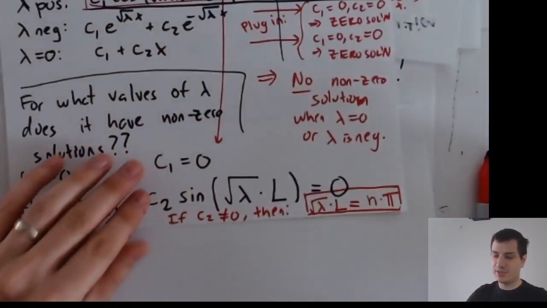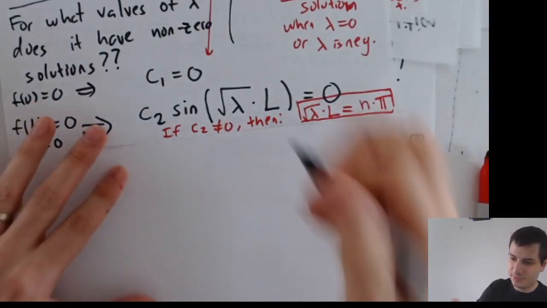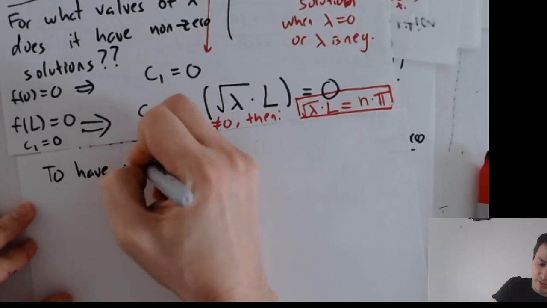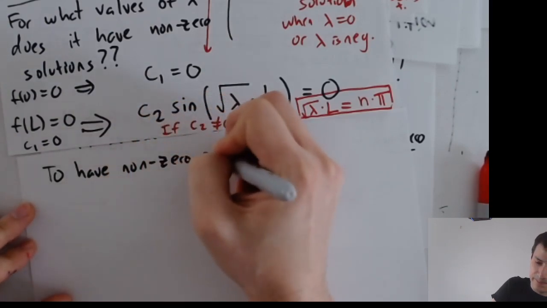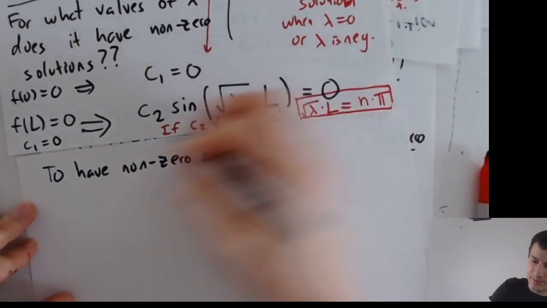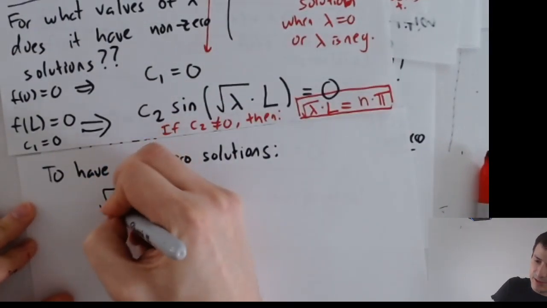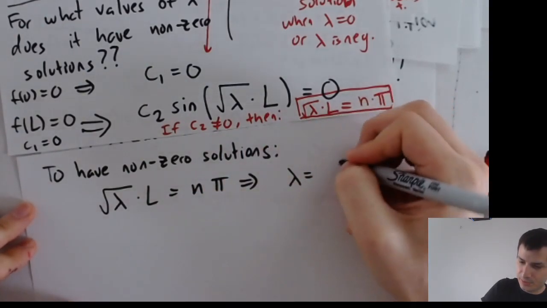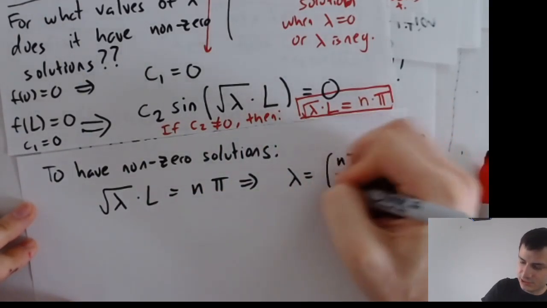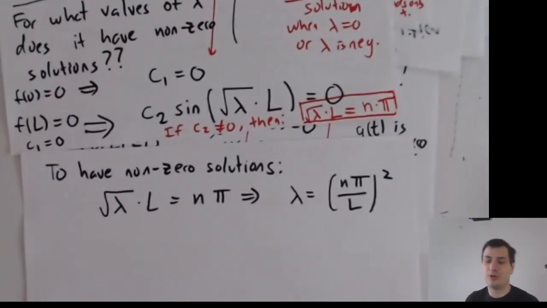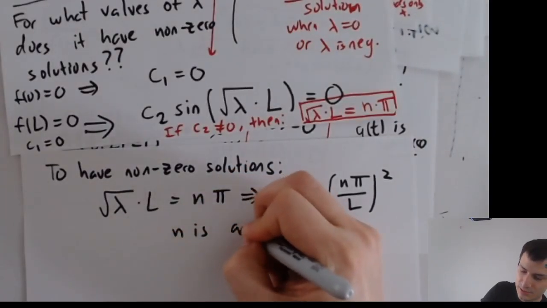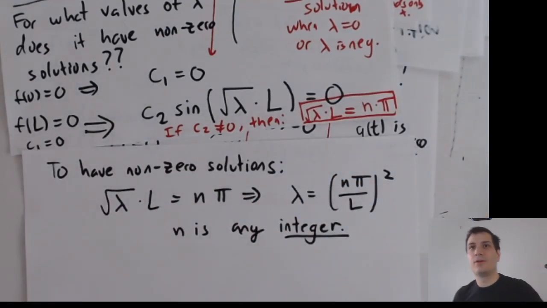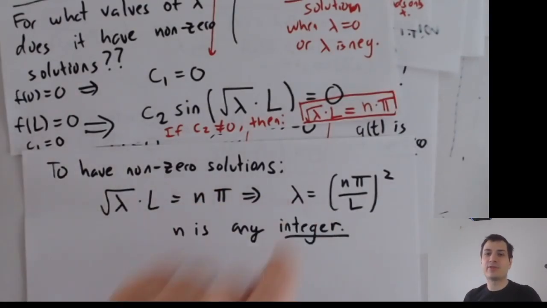So if you just rearrange this one more step, you get, to have non-zero solutions, square root of lambda times L equals n times pi, which means that lambda is n pi over L squared. Okay, and n is any integer. Okay, so those are the possible values for lambda.